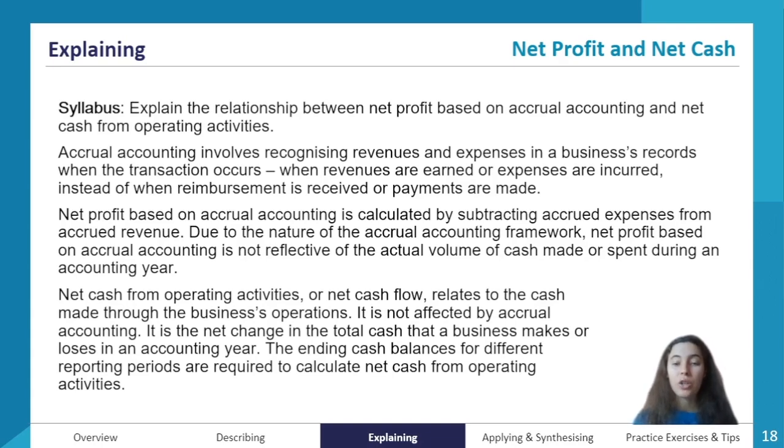So it's the net change in the total cash that a business makes or loses in an accounting year, how that figure is changing. So the ending cash balances for different reporting periods are required to calculate net cash. So you're looking at net cash at the end of different reporting periods, so different financial years, and then you're looking at a comparison, so you can see that net change in that cash in terms of what it's making or losing in an accounting year.